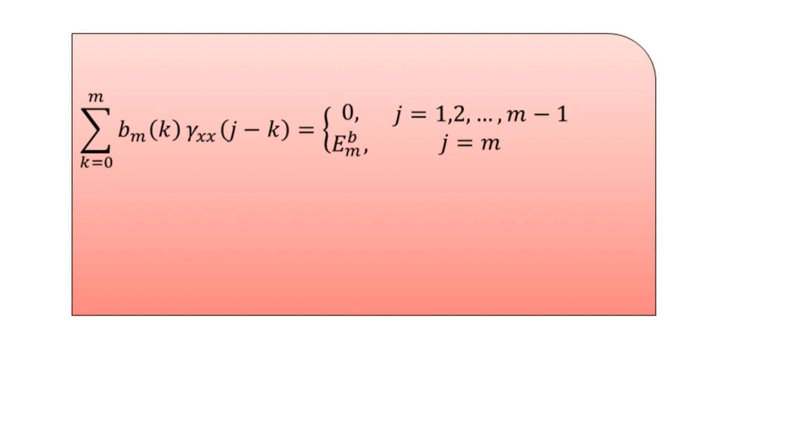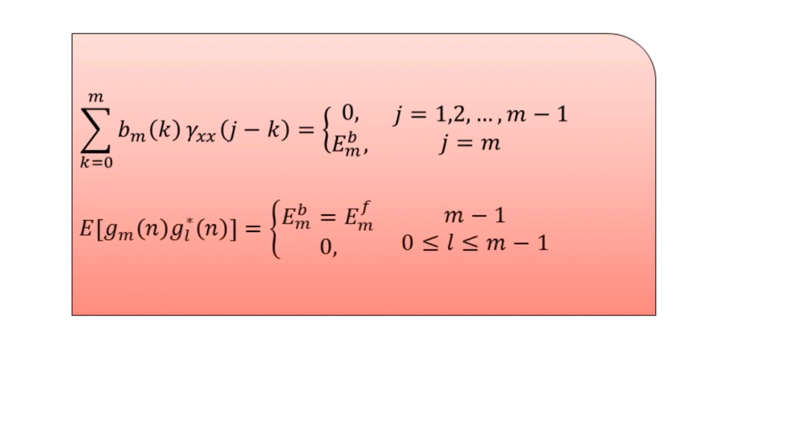So it will hold the value capital E suffix m to the power b for the backward case, that is equal to capital E suffix m to the power f for the forward case for the condition m is equal to L. This is a typo mistake. Here it should be m is equal to, this should be L here, and this should be the equal to sign here, and it will hold the value 0 for the L, which will be greater than or equal to 0 but less than or equal to m minus 1.